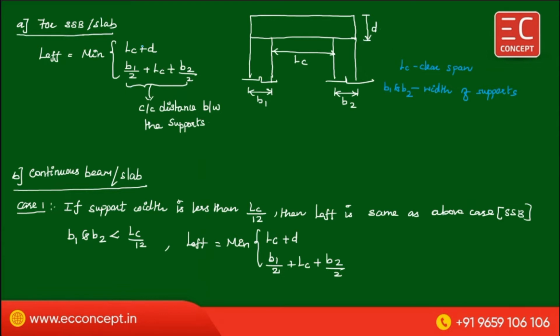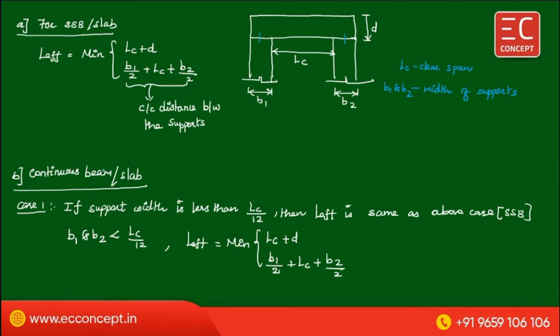Or it is B1 divided by 2 plus Lc plus B2 divided by 2, meaning the center of the support to the center of the support. This is the L effective calculation for a simply supported beam or slab.